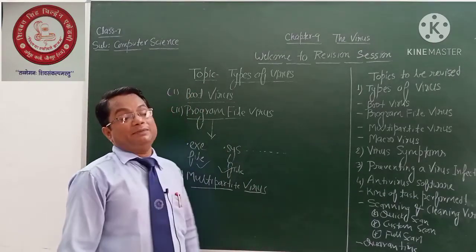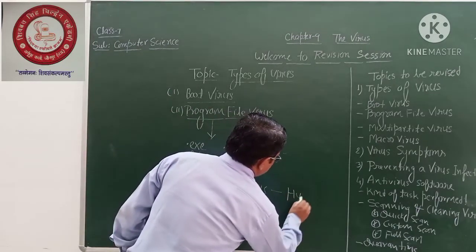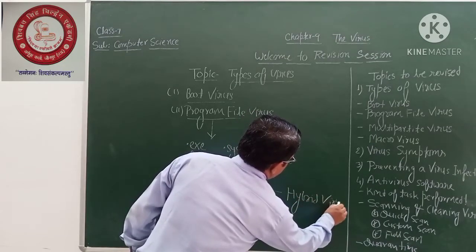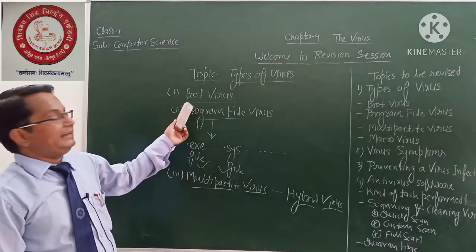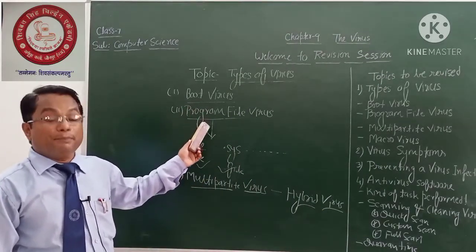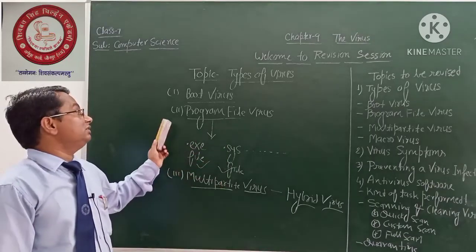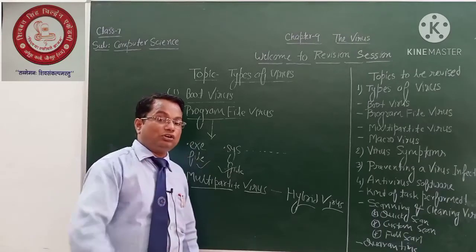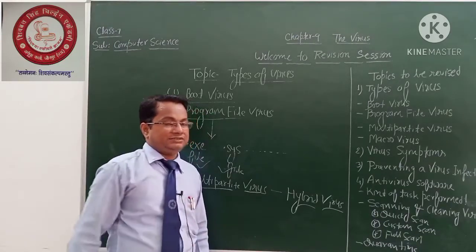This kind of hybrid virus has both features, meaning it can infect the boot sector or it can infect executable files or system files. Clear or not? Just remember, this is a kind of hybrid virus.